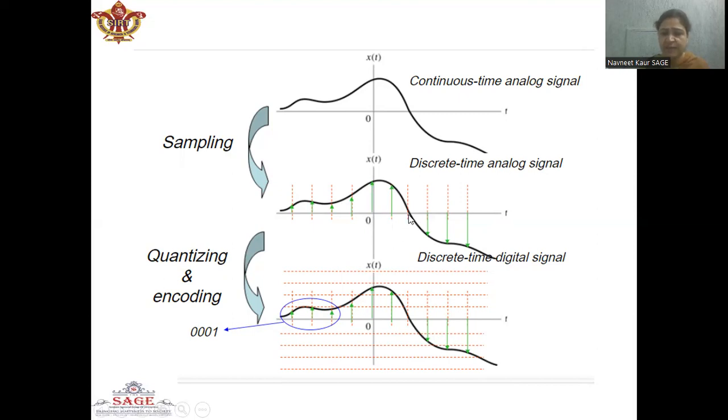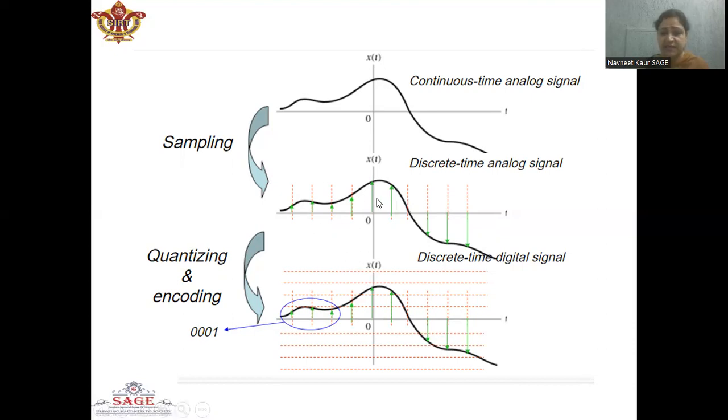The third sample will be taken at t equal to 2Ts, because the difference between the two samples should be the same. So if the interval between these two samples is Ts, then the interval between these two samples must also be Ts.